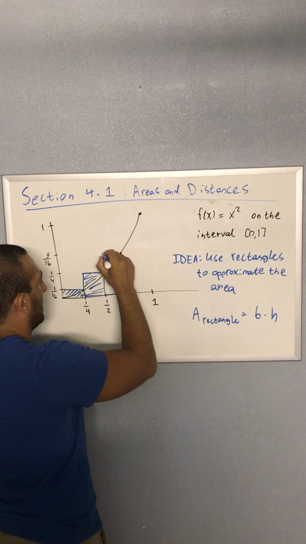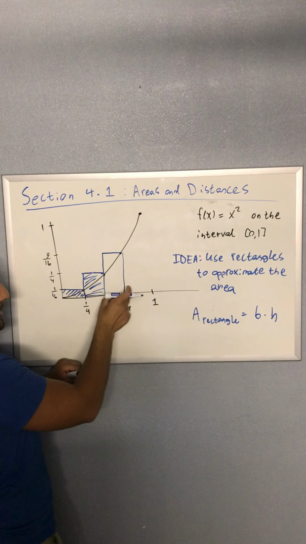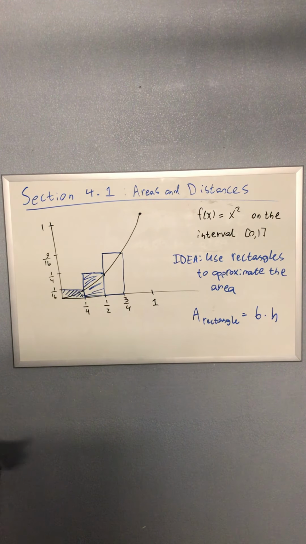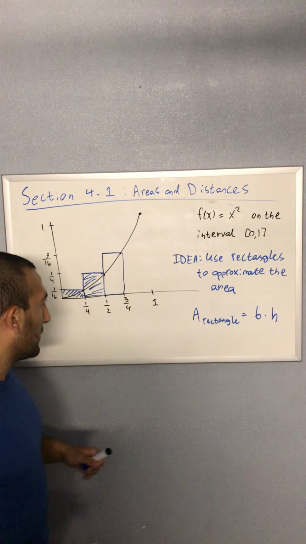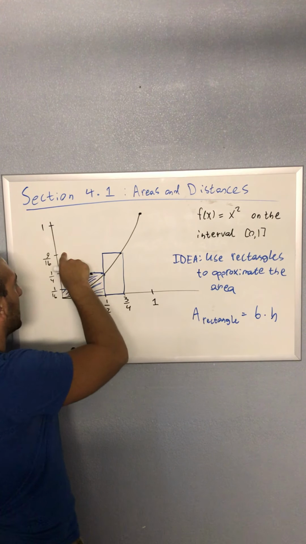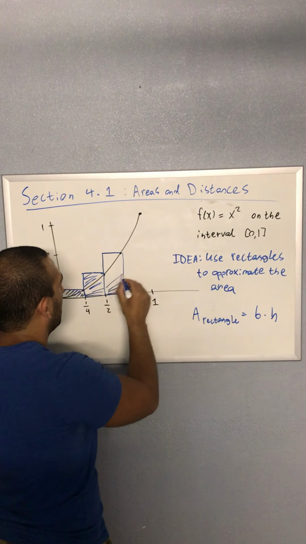So we have this. The width is this much, and the height I'm taking to be 9/16, which is completely fine. Again, you could have picked any number in this interval from 1/4 to 9/16, but this is just one method of doing it.